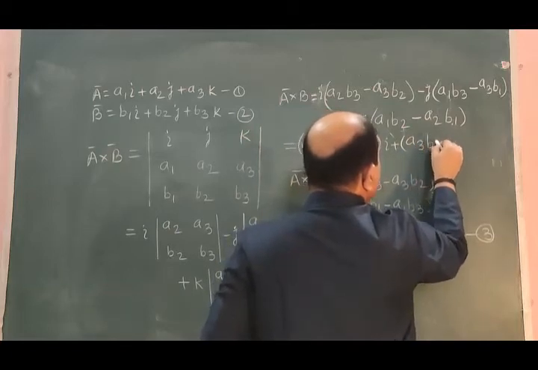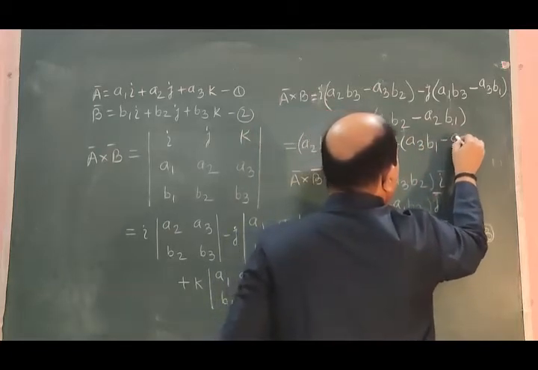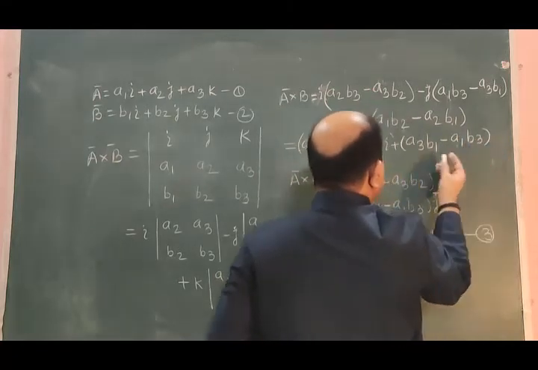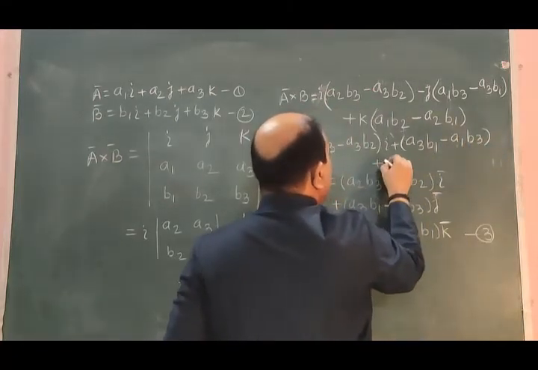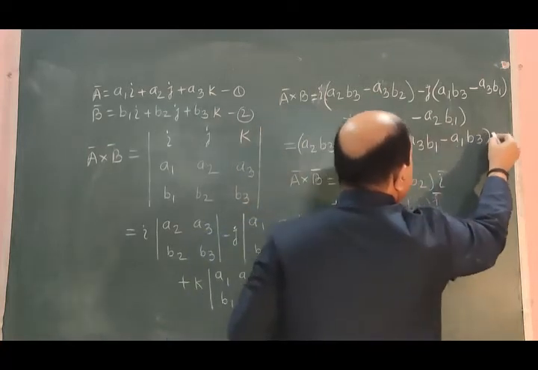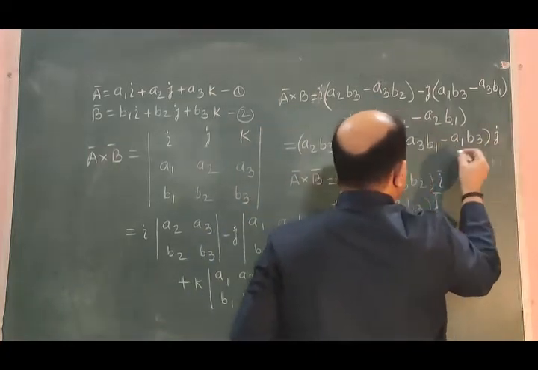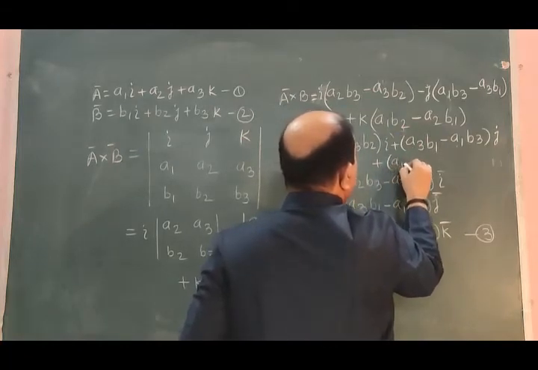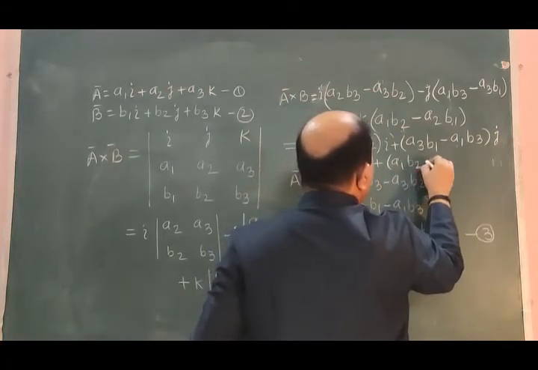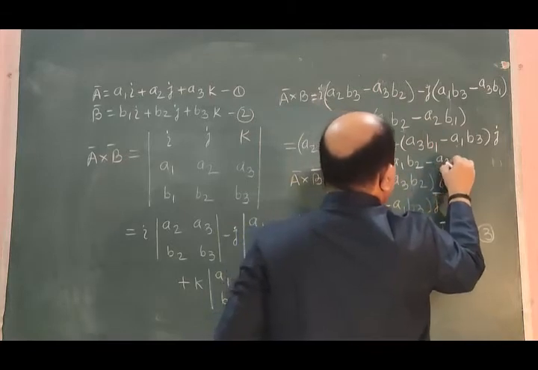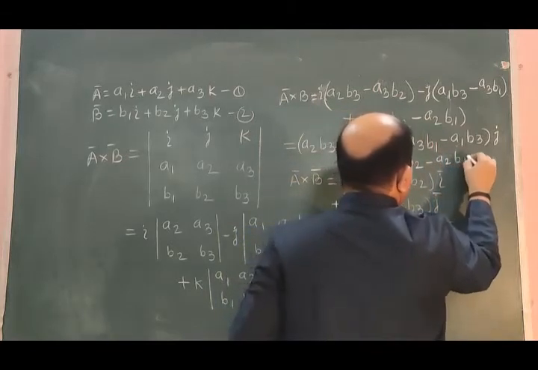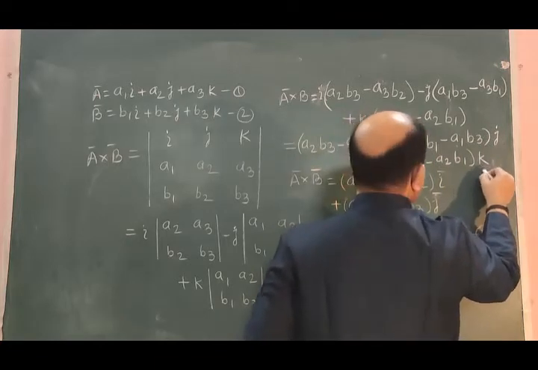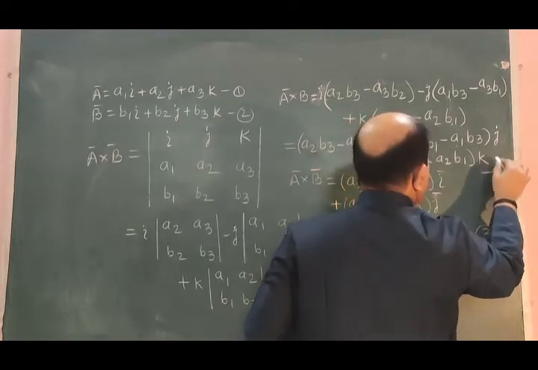A3 B1 minus A1 B3 plus j is left here, write j, plus A1 B2 minus A2 B1 k, equation number 3.